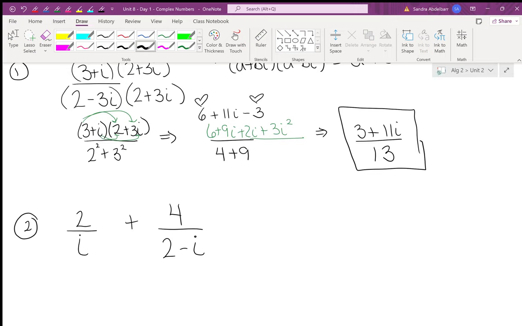Is this an equation? No. Can I eliminate the denominator? No, I cannot eliminate the denominator. This is not an equation. I must create a common denominator. But before I create a common denominator, what do I have to do?